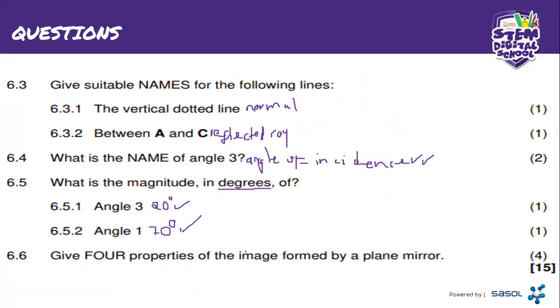And now we must give 4 properties of the image formed by a plane mirror. Now, let us remind each other, and I'm going to write them down here. I told you that when you look at the mirror, the object and the image that is formed by the mirror, they are the same size.